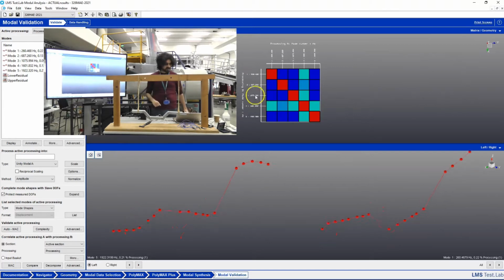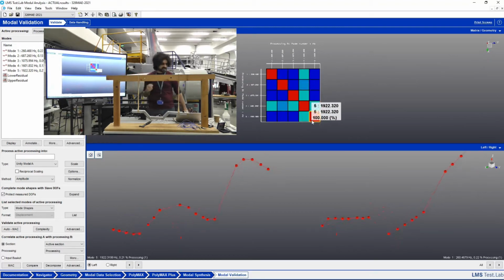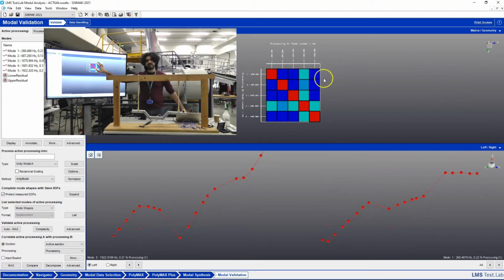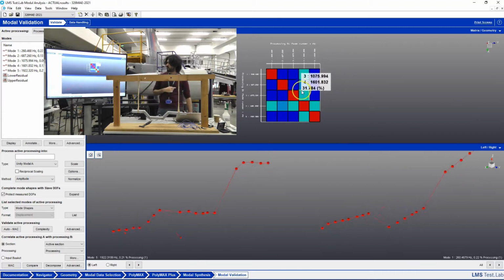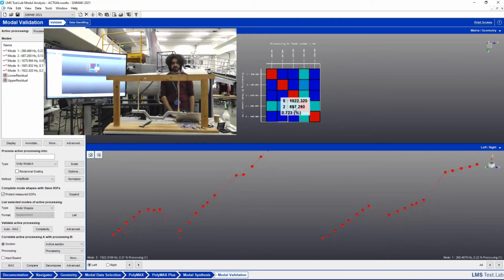That's because we have mode 1 with mode 1, mode 2 with mode 2, 3 and 3, 4 and 4, 5 and 5, of course those are all 100%. But off diagonal I'm expecting all these to be 0. And these are almost 0, barring mode 4, because mode 4 is a local mode, so it resembles all the global ones a bit in a non-trivial way.